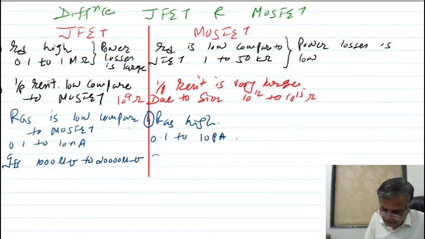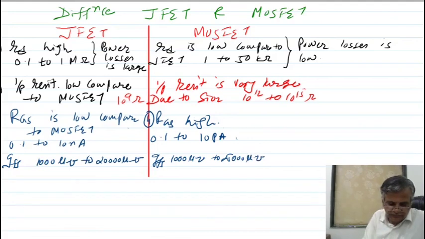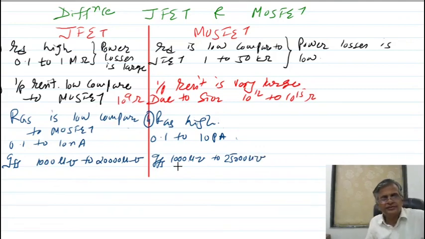Here GFS is of the order of 1000 micromho to 25,000 micromho for MOSFET. So this does not show much difference.